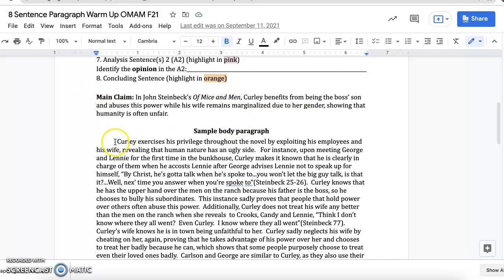So the first body paragraph is about Curly, just like the one that we worked on yesterday. So the second body paragraph is in regards to his wife and how she is marginalized due to these reasons, which is her gender. And the opinion is that it shows that humanity is often not fair.